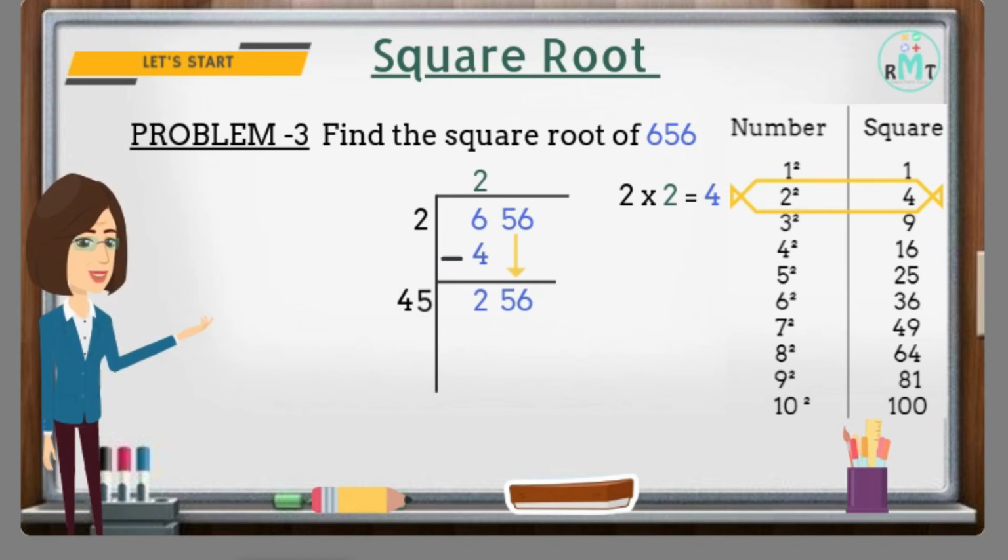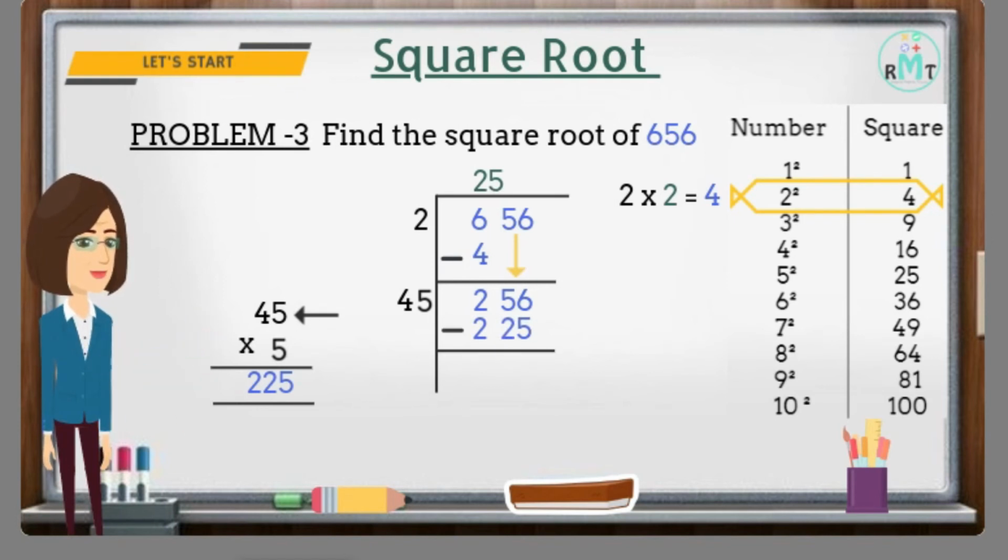Now, we will multiply 45 with its suffix, that is 5, and get 225 as the answer. Now, on multiplying 45 with 5, we get remainder equal to 31.